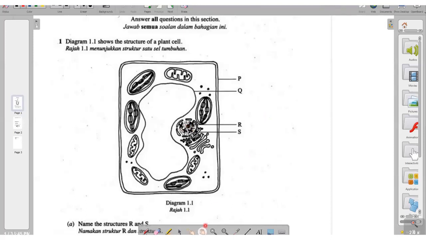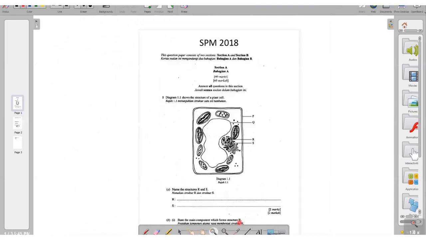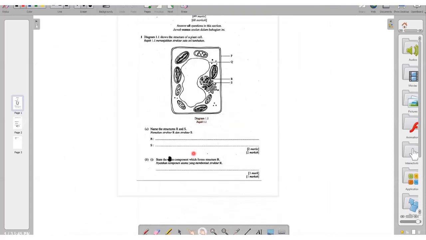So in this question, they ask you what is R. You can write R as nucleus and S is the rough endoplasmic reticulum.